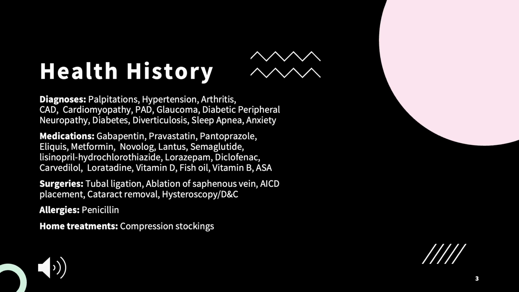This patient has a complex medical history that includes cardiovascular disease, peripheral artery disease, diabetes, hypertension, sleep apnea, anxiety, and diabetic peripheral neuropathy. Her medication regimen is extensive and reflects management of both diabetes and multiple comorbid conditions. Gabapentin is being used specifically to manage neuropathic pain symptoms.